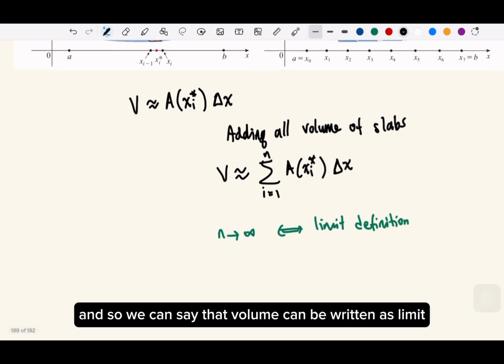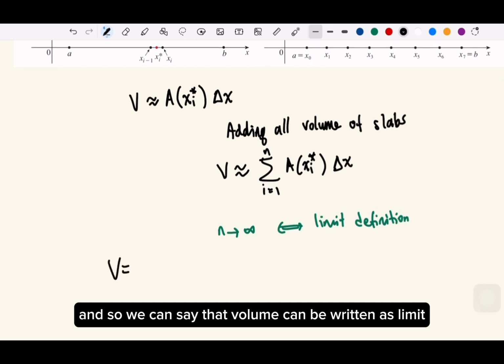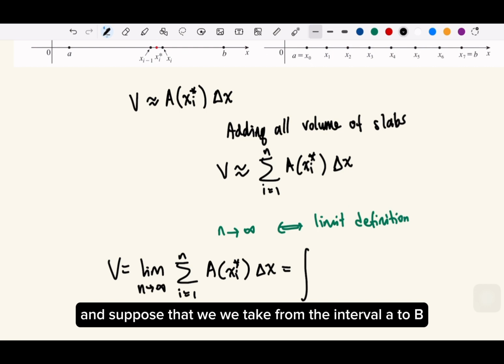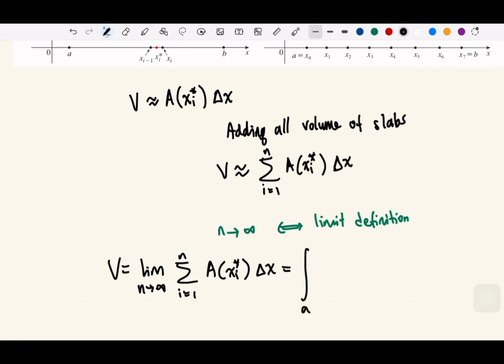So we can say that volume can be written as a limit, and suppose that we take the interval from a to b, this will be the volume.